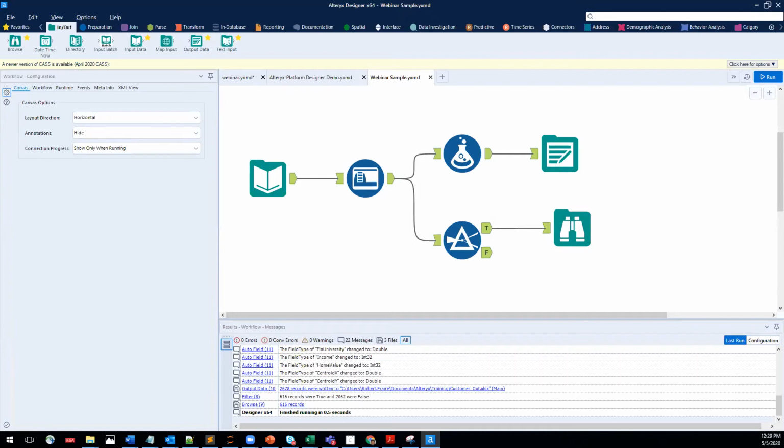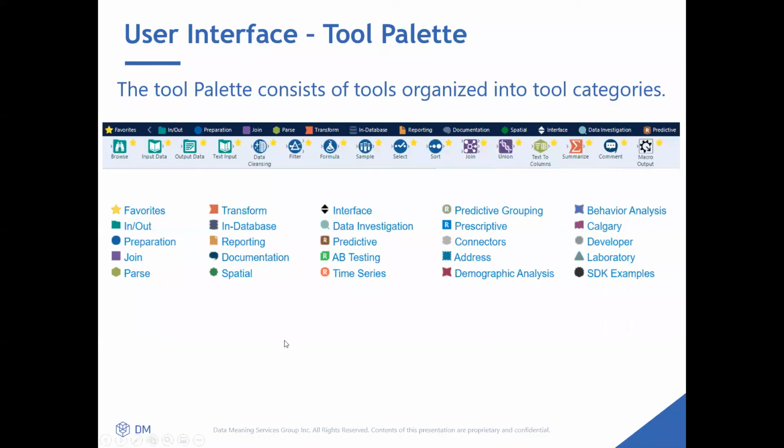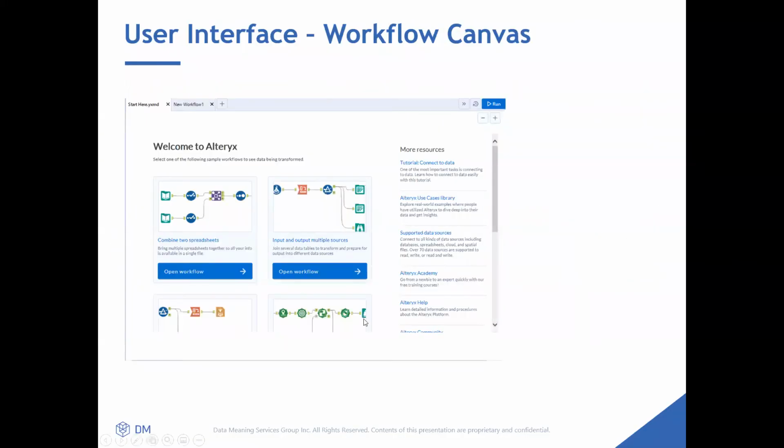All right, now let me go back to our PowerPoint for a moment, and I'm going to highlight the other windows that we're going to look at. Then we'll jump right back into Designer so that we can see those windows again. There's also another window that I'll show you in a moment, which is the user interface window.